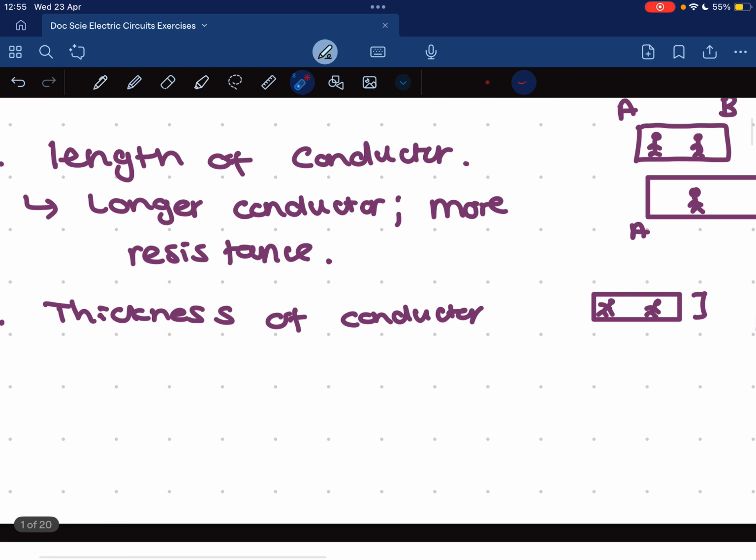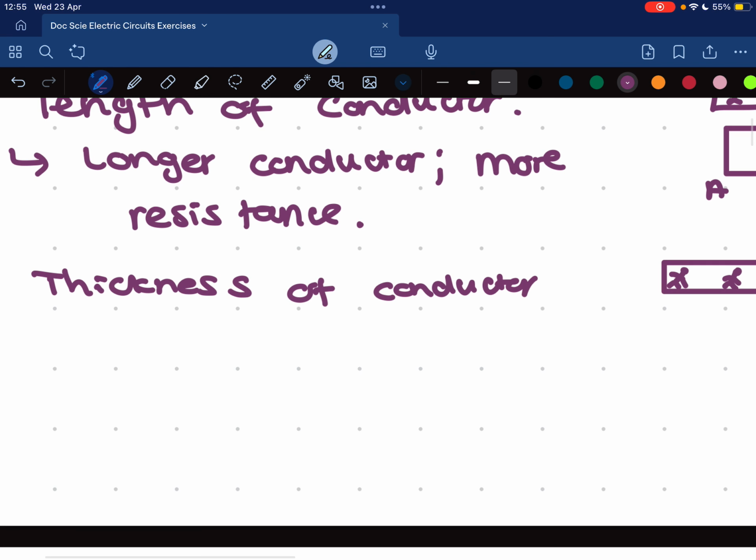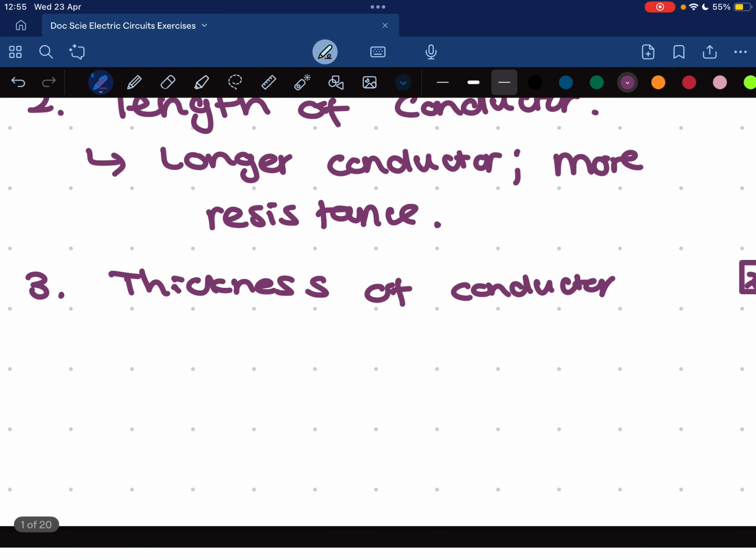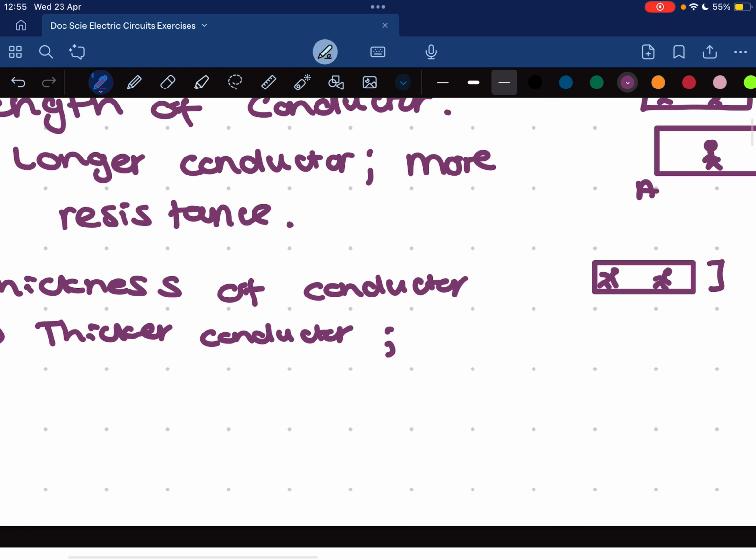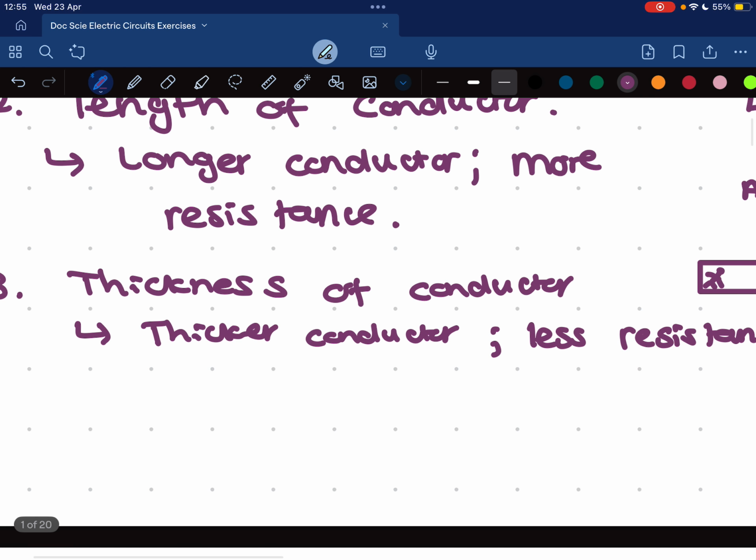So that means that if you have a conductor that is thicker in terms of the diameter, then you're going to have less resistance.